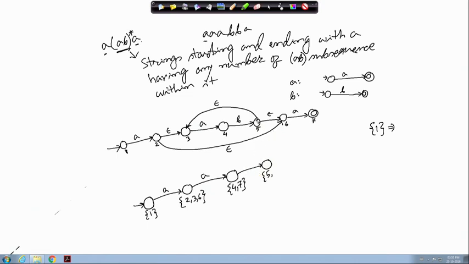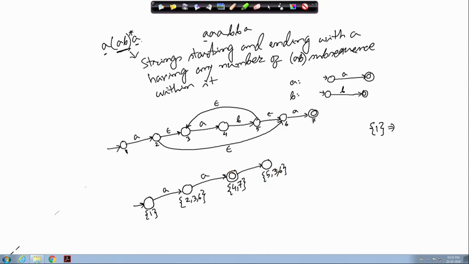Now, from 5 on epsilon transition you can go to 3 and 6. So, this is 5, 3, 6, and since 7 was a final state of the NFA, this also happens to be a final state of the DFA.